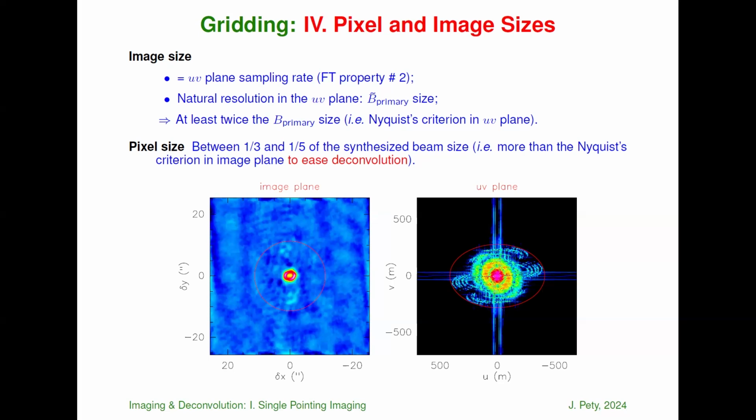But for each pixel, it will put it exactly at the center of your pixels. And in nature, there is no reason why your point source should be exactly at the center of the pixels. So there is some uncertainty, and the smaller you make your pixels, the better the positioning of your point source will be, and that's why we are doing better than Nyquist sampling.